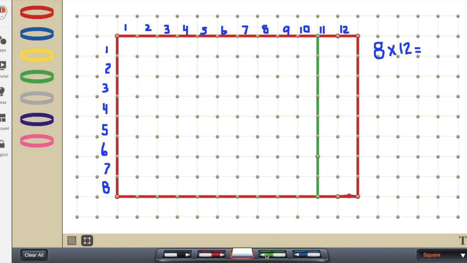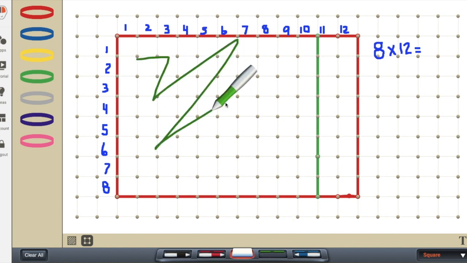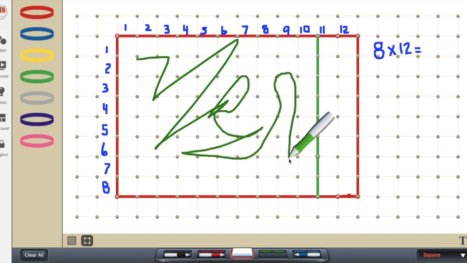All right, now I've divided this larger rectangle into two smaller rectangles. Do you see them? I have this green rectangle over here, which I have reduced to a 10 unit long by 8 unit long rectangle. So the area for that rectangle would be 8 rows with 10 in each row.